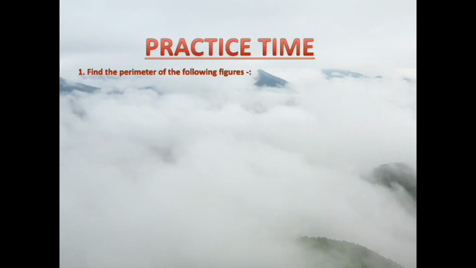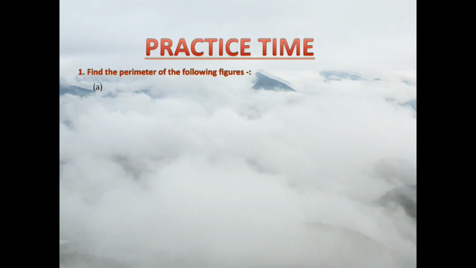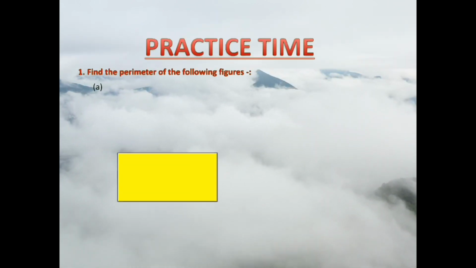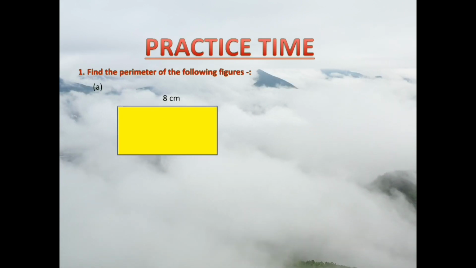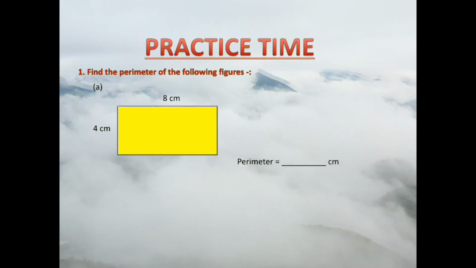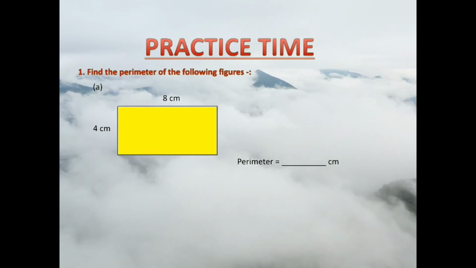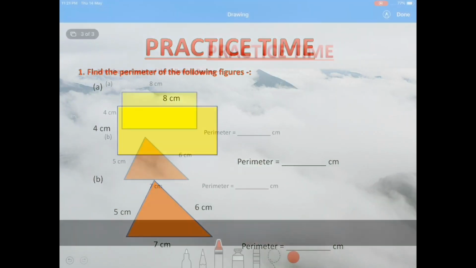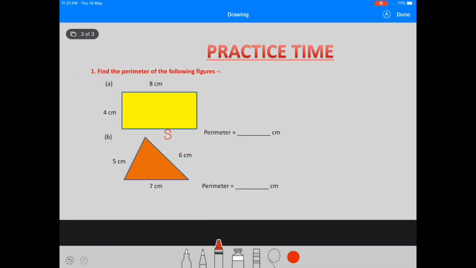Practice time. Find the perimeter of the following figures. A: 8 cm length, 4 cm breadth. B: 5 cm, 6 cm and 7 cm. Here the opposite side of the rectangle is also 8 cm and this side 4 cm.